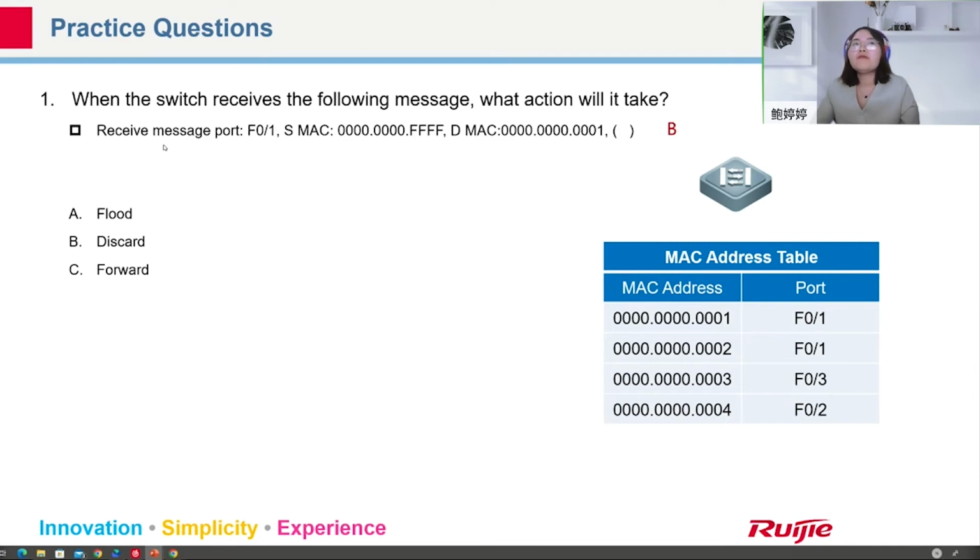The first one: I receive a message from port 01, the source MAC is 00FF, and the destination MAC is 111. What's the result? What action will we take, according to the MAC address table? Discard, forward, or flooding?